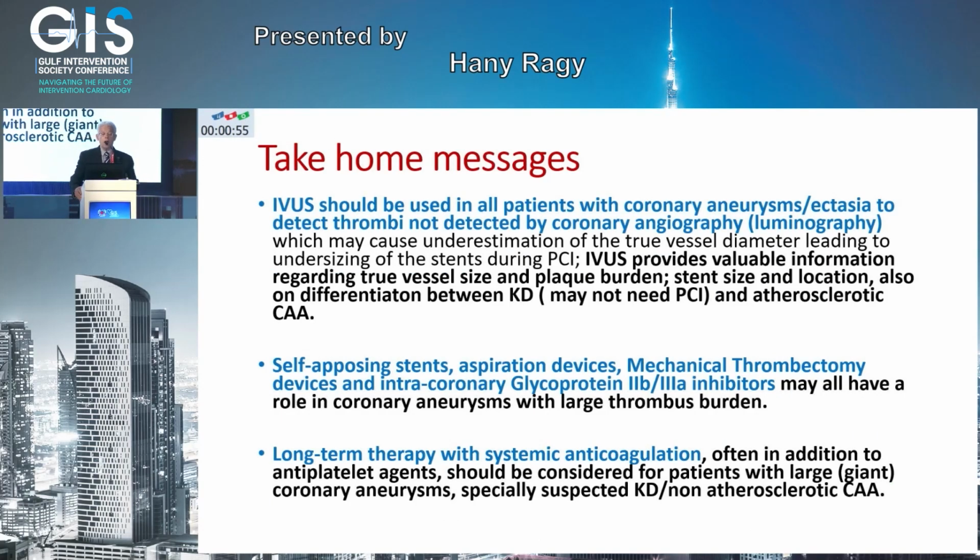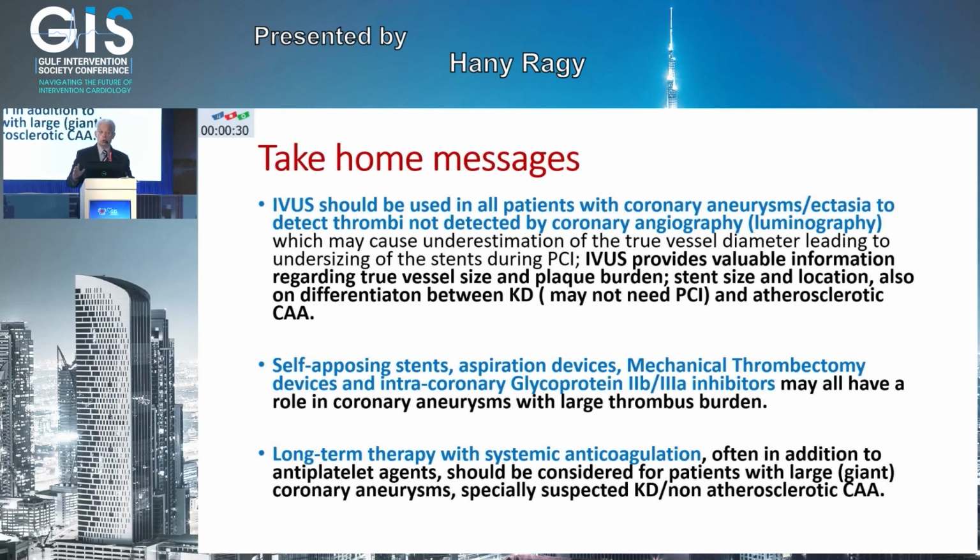So to summarize, if you have a patient with coronary ectasia and acute coronary syndrome, you should use imaging in all those patients, because imaging will show you two very important things. It'll show you the etiology, and it'll show you that you might not need to stent, and it'll also show you how much thrombus is there.